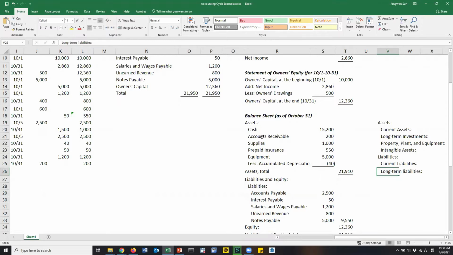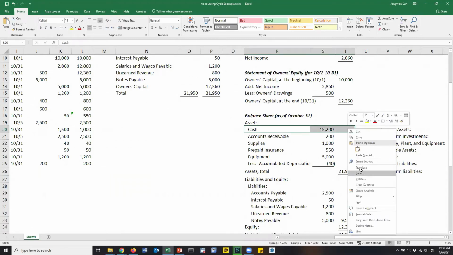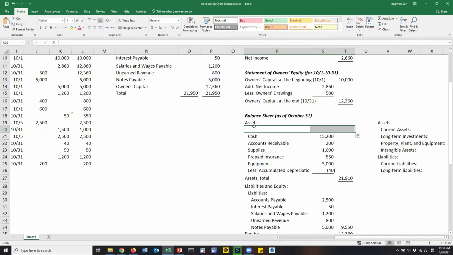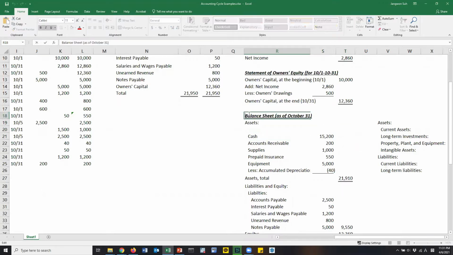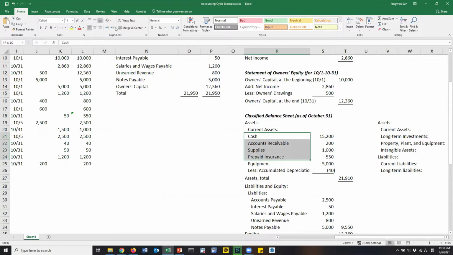Okay, let's practice using this example. Again, you need to group them as current assets. Let's distinguish current assets from assets by making a small indent and making even further indents.